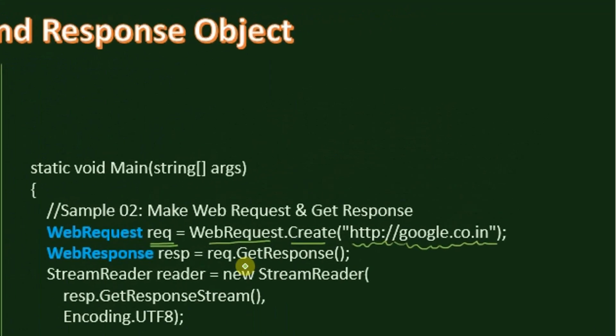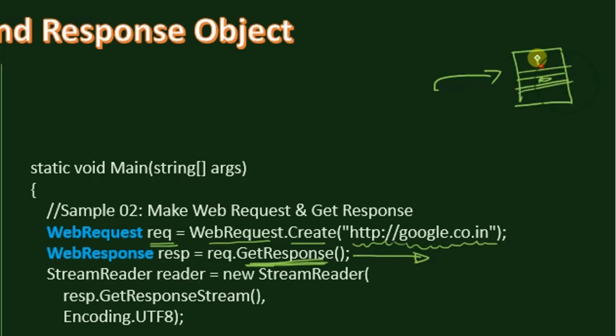Next, GetResponse. This will send the request to the web server, because we already provided the address. Request.GetResponse: this specific call will hit the web server, and the server will do the processing. Then it knows that the user is looking for the home page of google.co.in, and it responds back.